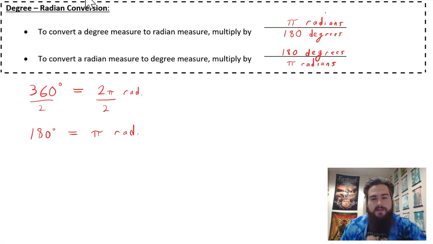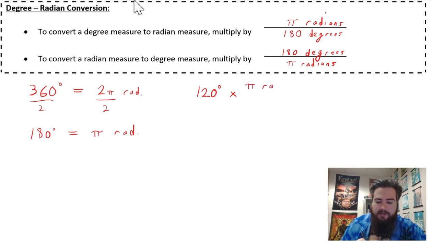As a quick example, if we take the degree measure 120 degrees, if I want to convert 120 degrees into radians, I will take this measure and multiply it by pi radians divided by 180 degrees.